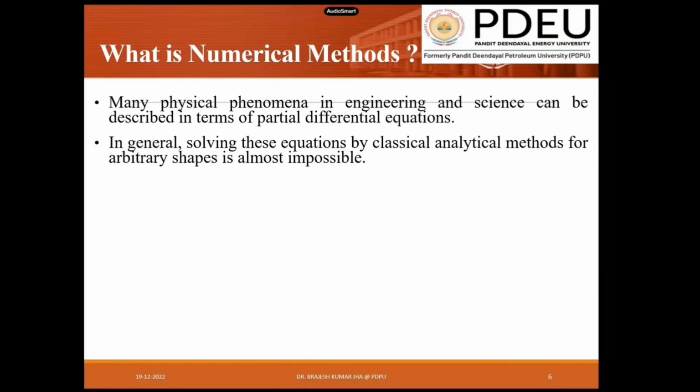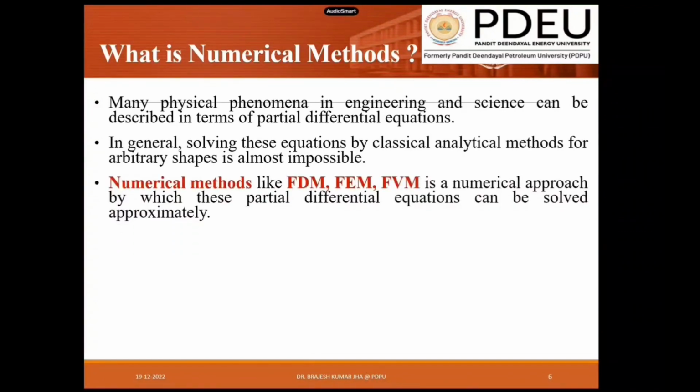But sometimes it is impossible to solve such a problem which is complex in nature, highly nonlinear. So numerical methods like finite difference method, finite element, finite volume, we use to solve such partial differential equations.